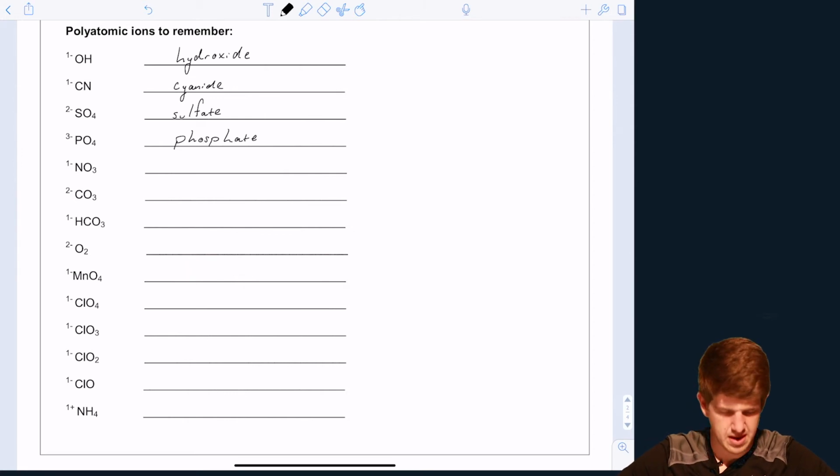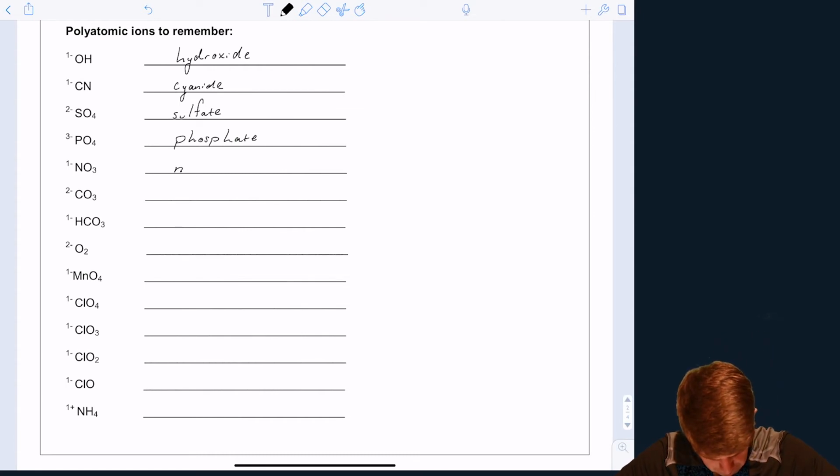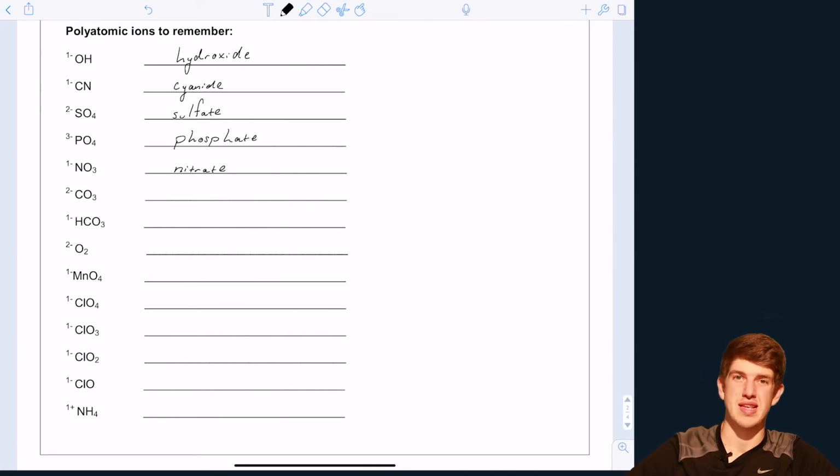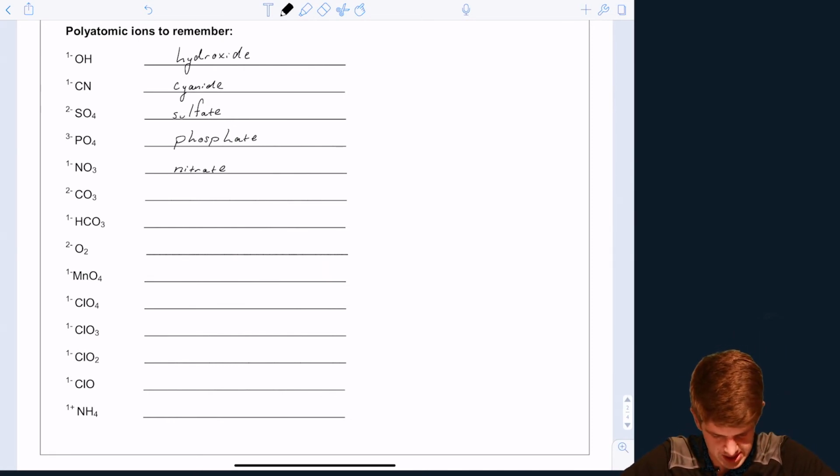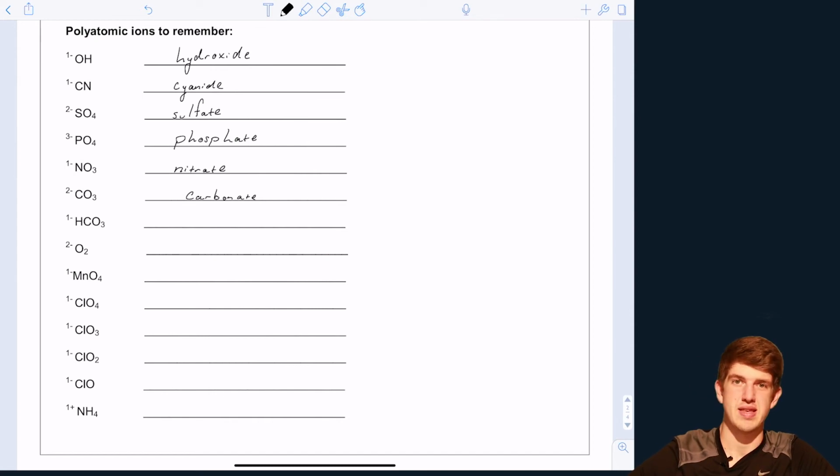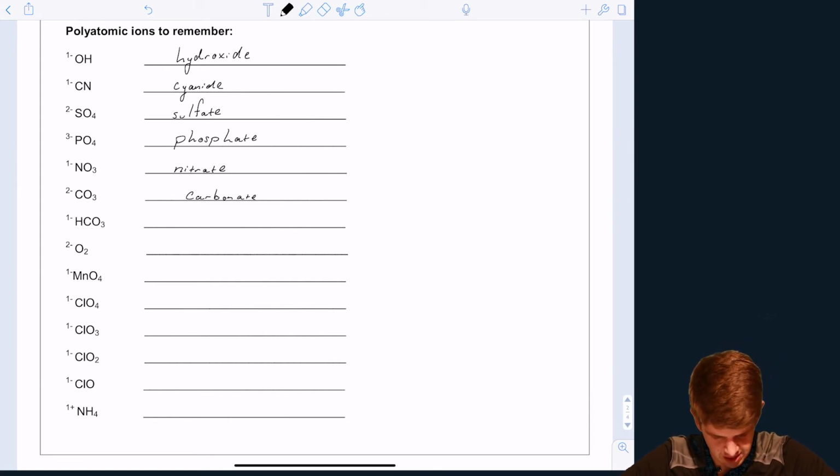NO3, if you've heard of sodium nitrate, it's again -1, with a +1 charge on sodium. CO3 is carbonate with a -2 charge. You might have heard of its protonated form, or its conjugate base, HCO3, which is bicarbonate, as in sodium bicarbonate, which is like a weak base.